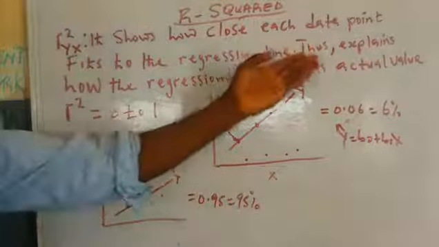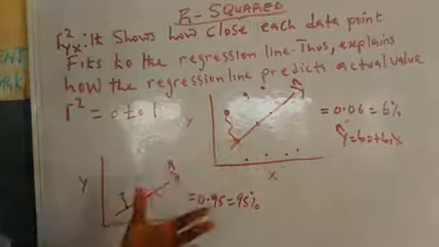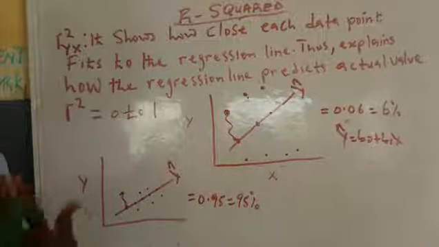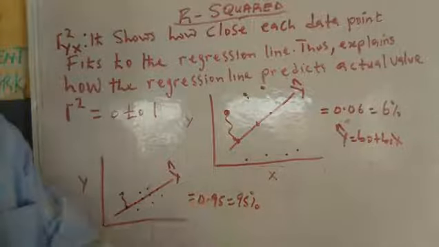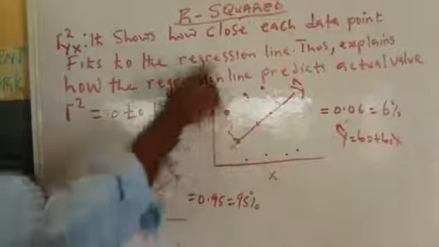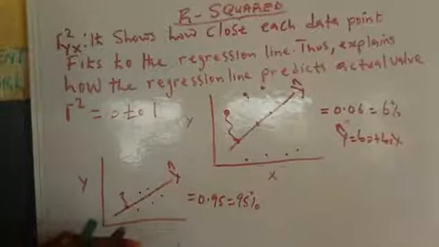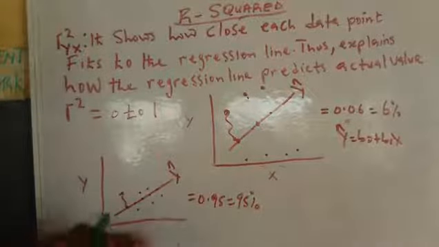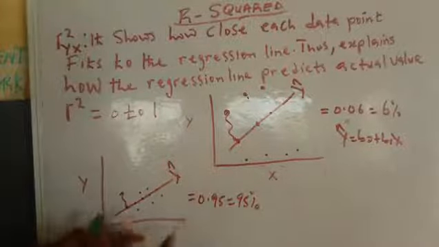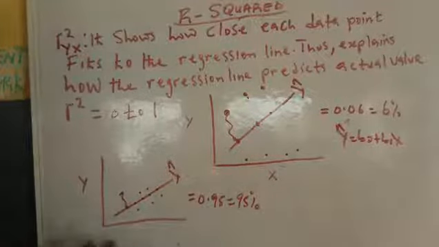That is why we say that R square explains how the regression line predicts actual value, because if the regression line can explain the total variation of y with respect to the variation of x, then it is this R squared that will explain the variation of the y. When we know the variation which the regression line can capture, then we can know whether it's good for us to predict.